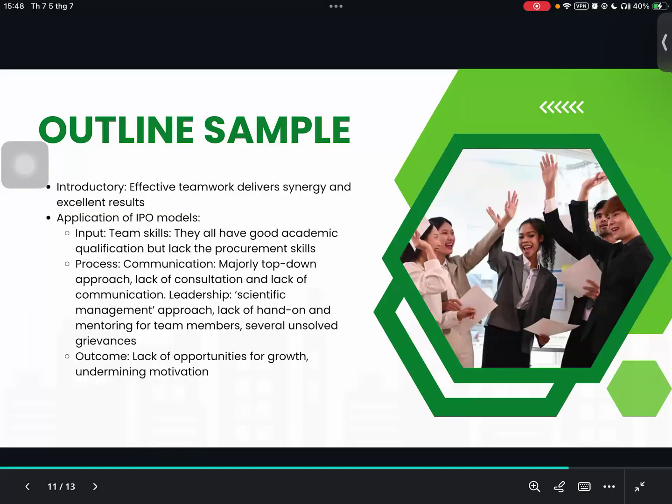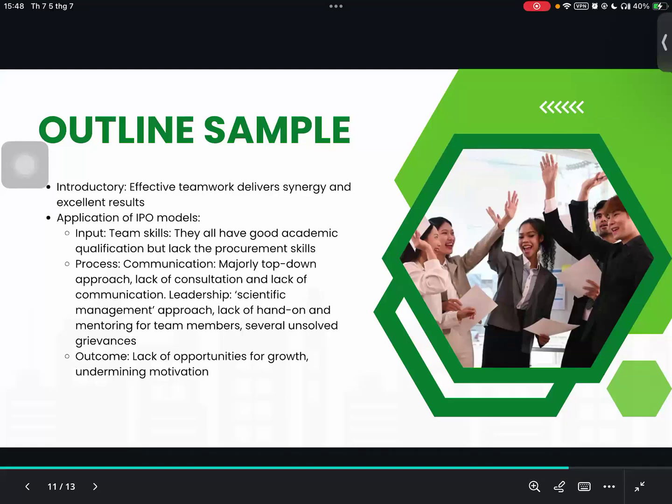So with the input, it has the team composition, the support from the organization, or the team skills. So I see this team has the skill. They have good academic qualification, but lack procurement skill, and they lack the training. So to improve this team's effectiveness, we can try to improve their skill.